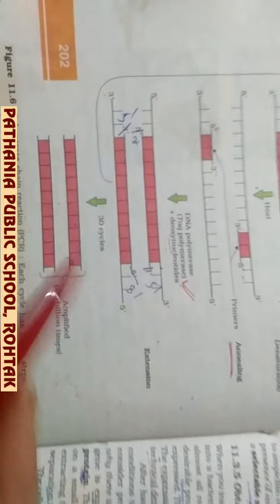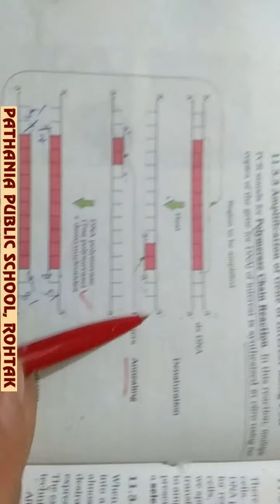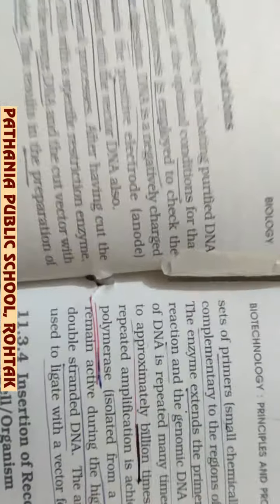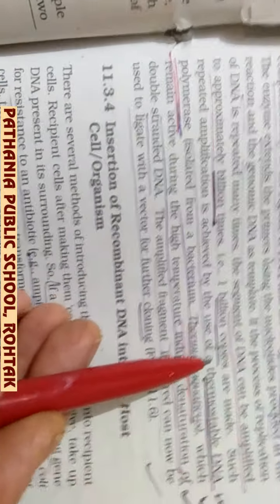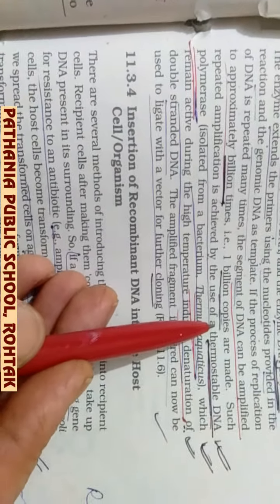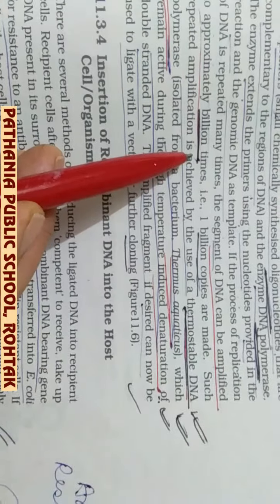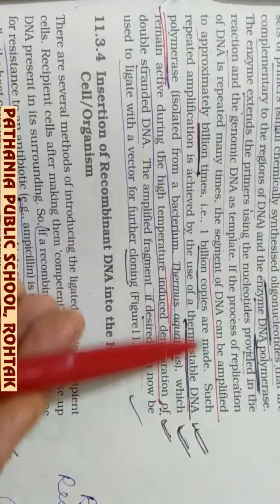So that way we can multiply the desired segment in many copies. Here they have given that approximately 1 billion copies of the desired segment can be prepared. 1 billion copies are made.